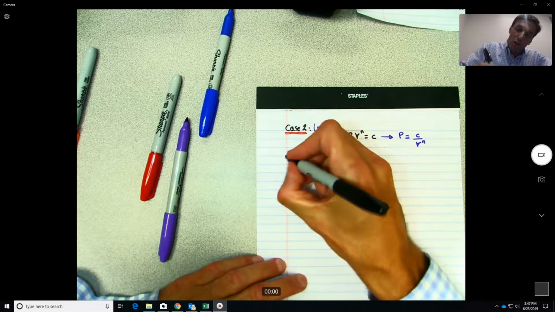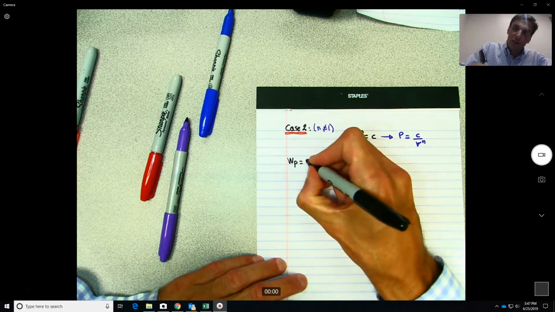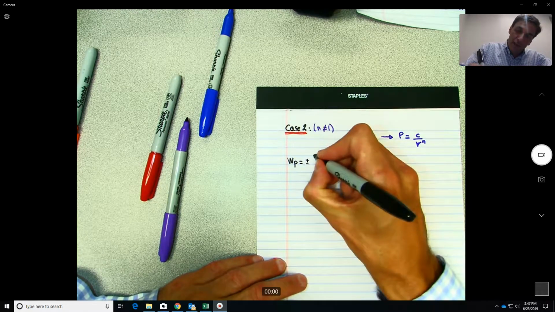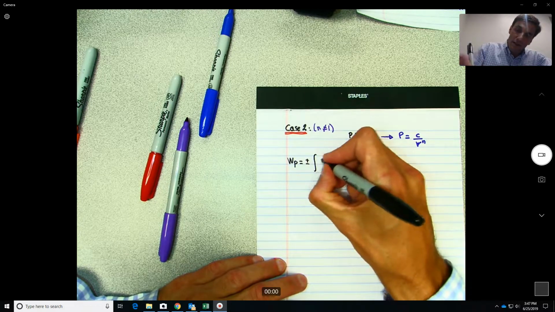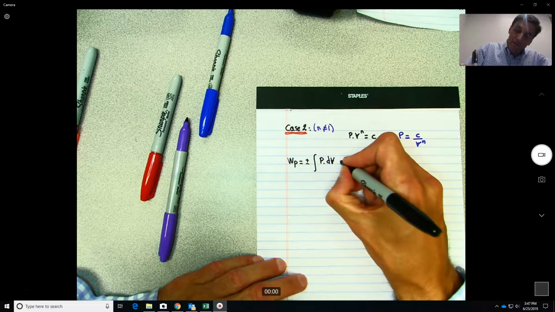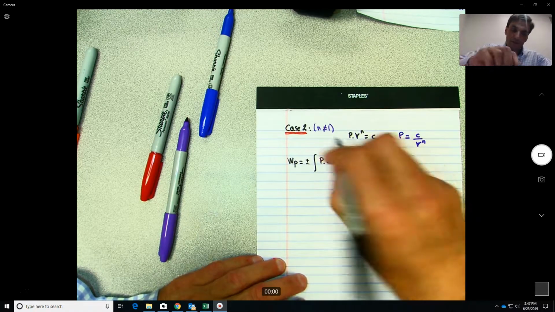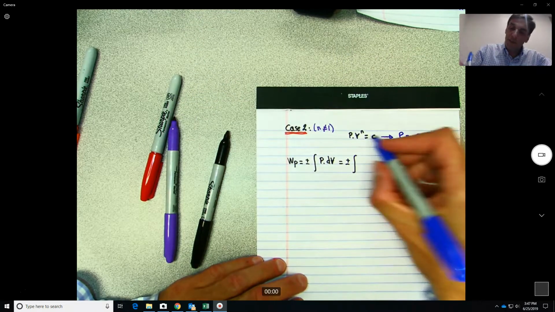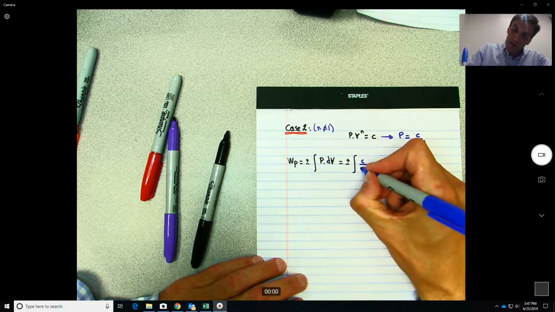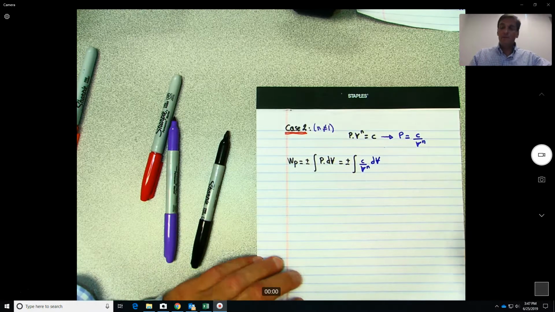So that now when we go and calculate the expression for the work done by the pressure, equal plus minus P dV, this would be equal to plus minus the integral of C over V^n dV.